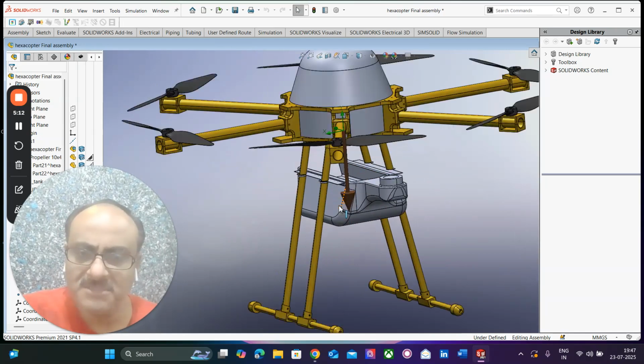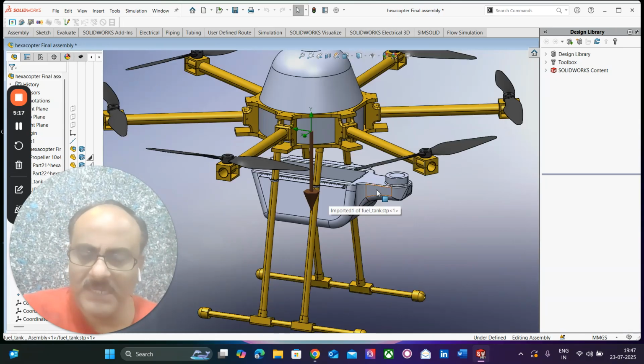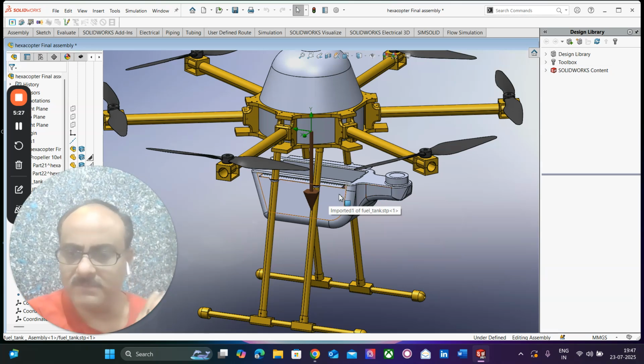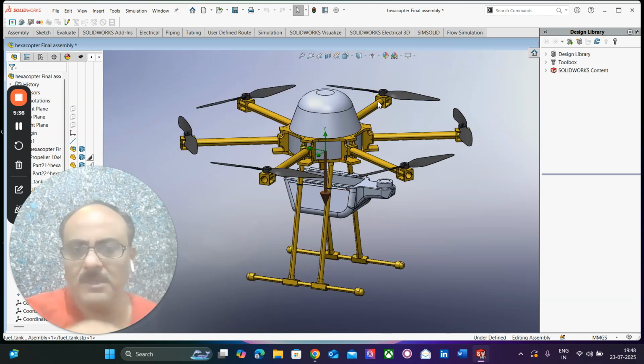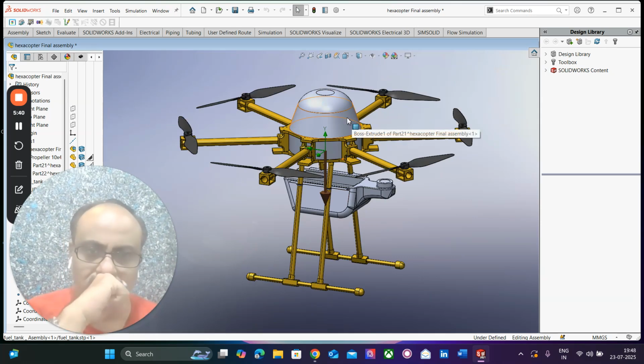So let us take this particular fertilizer tank, or the pesticide, of about 10 liters. Let us assume that this particular tank has ammonia fertilizer, and this is in liquid form. And this particular drone has its own dead loads.